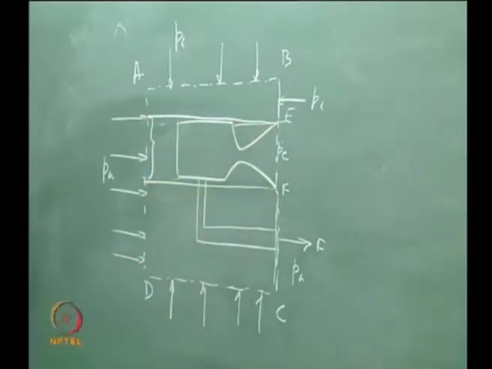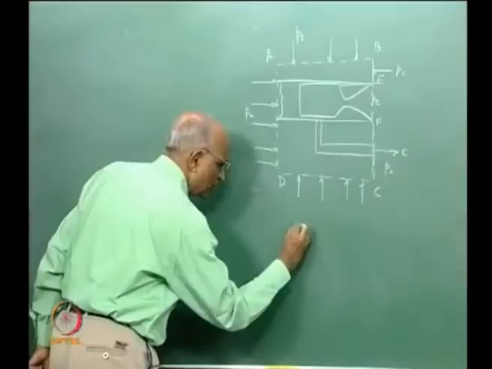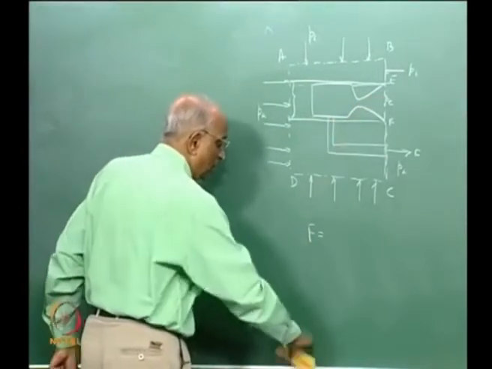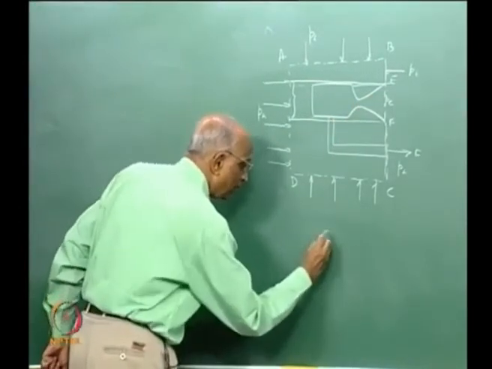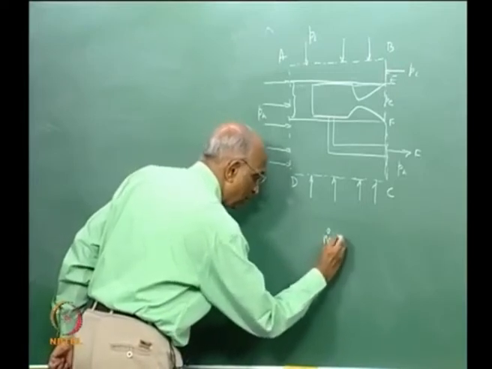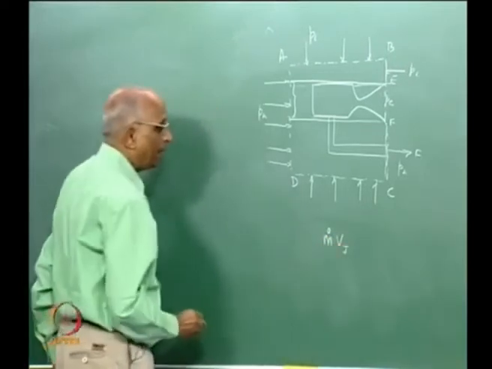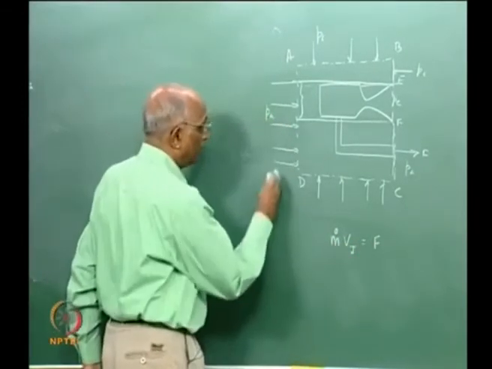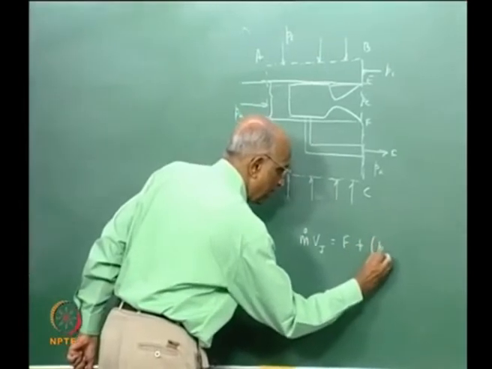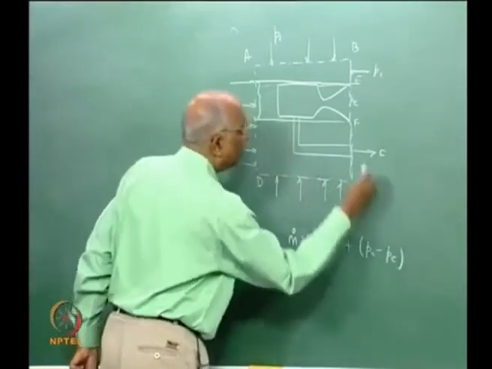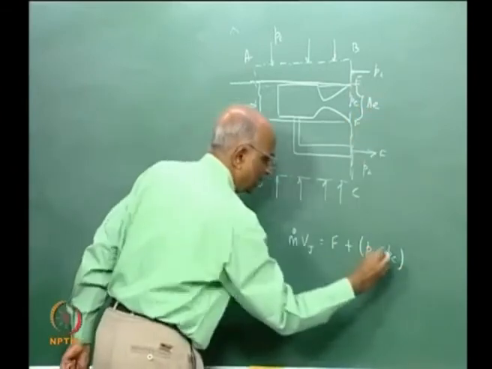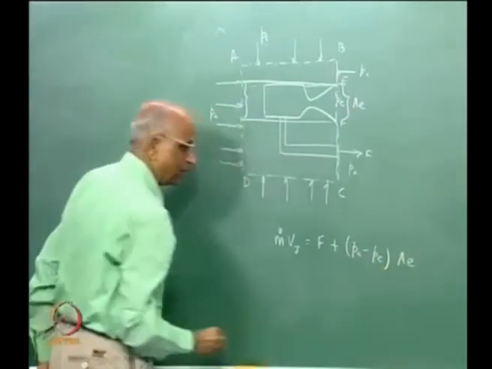Now let us write the force equation for this system. I have a momentum which is coming. What is the momentum? m dot in Vj is the momentum thrust, and that is balanced by the force plus PA minus PE into the exit area AE.